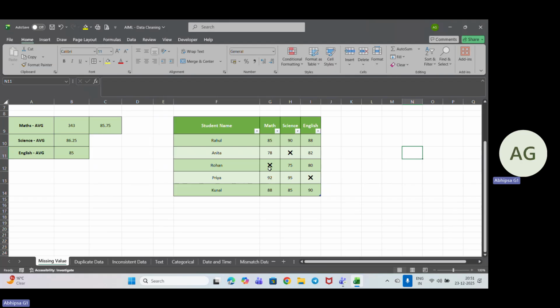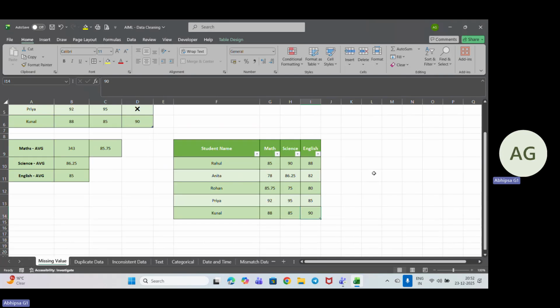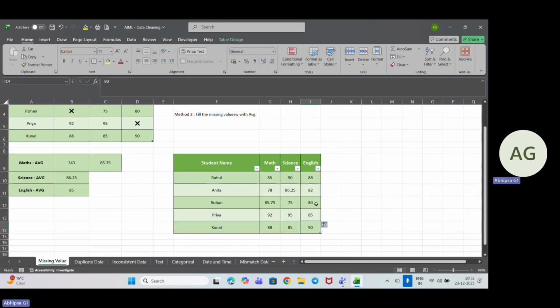So in place of math marks, I will be getting this, and for science, I'll be getting this mark, and for English, I'll be getting this mark, right? So now you can see this data has been more or less accurately filled. So now this table is complete. Right? So this is one way by which we can do it.